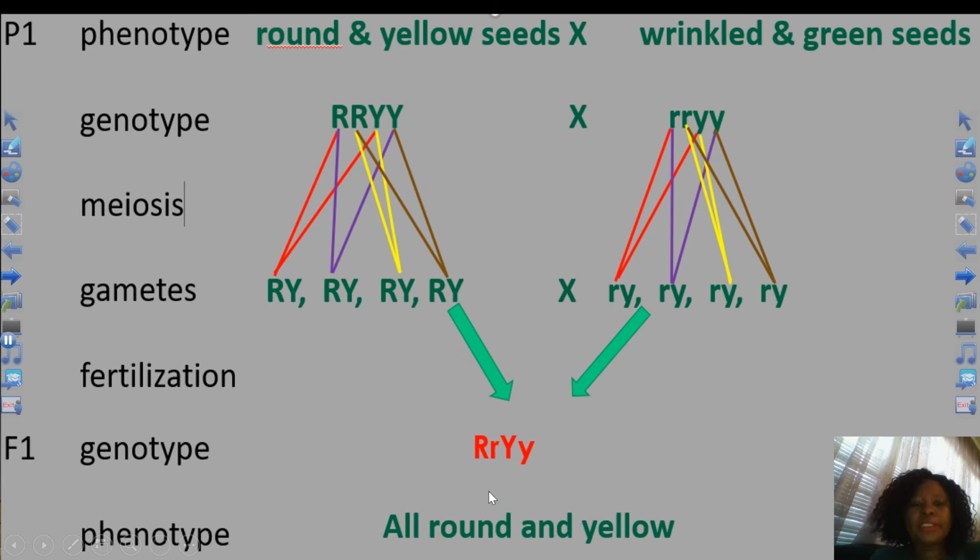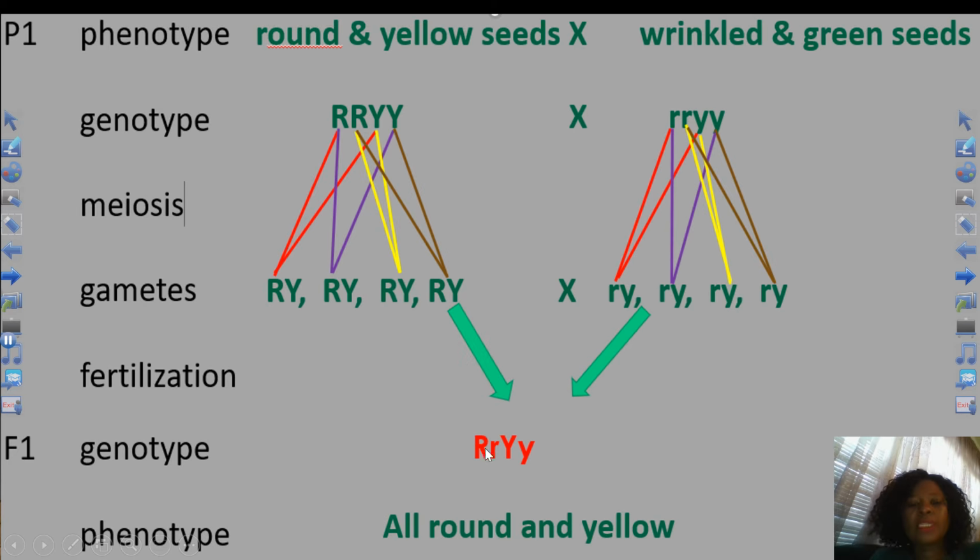small y, then the genotype of the offspring is going to come out as capital R, small r, and capital Y, small y. Please note that I am putting the letters that code for the same characteristic together. The R's code for the seed shape, and the Y's code for the seed color.